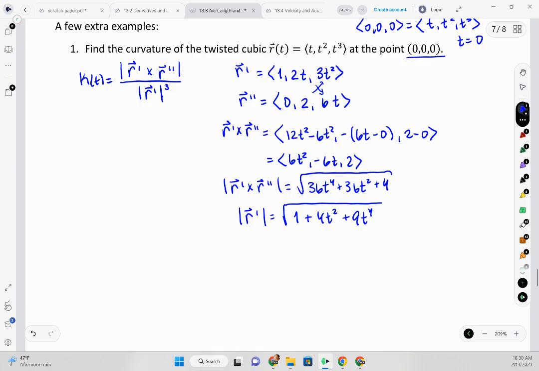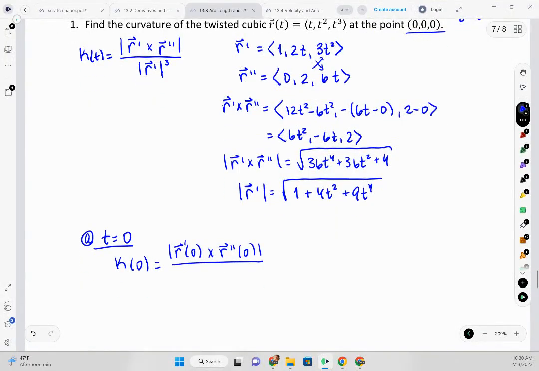So I'm trying to find, at t equals 0, kappa of 0, which is the magnitude of the cross product of r prime of 0 and r double prime of 0, all divided by the magnitude of r prime of 0, all cubed.